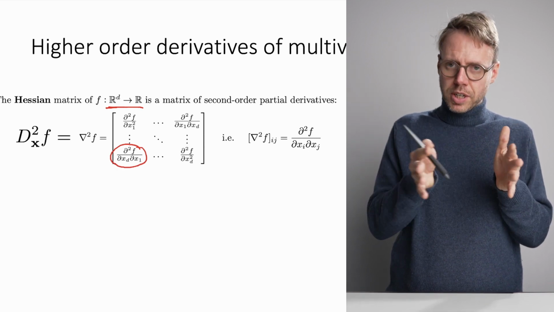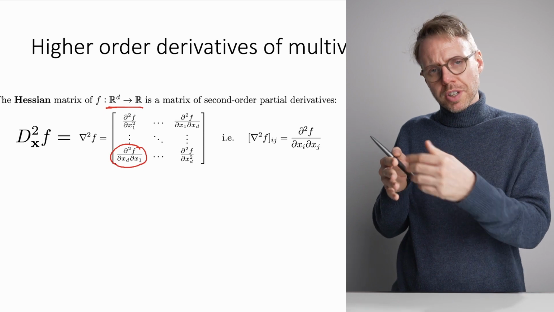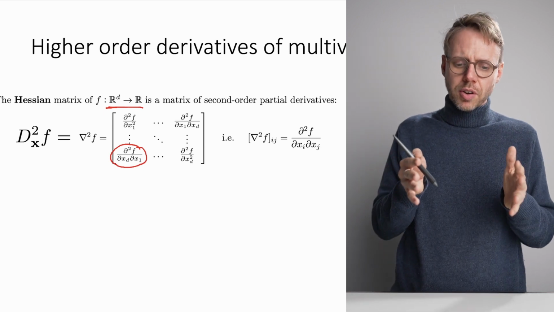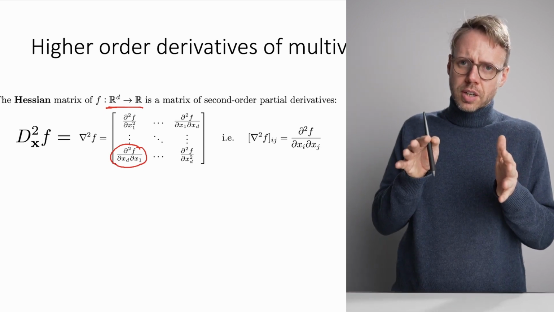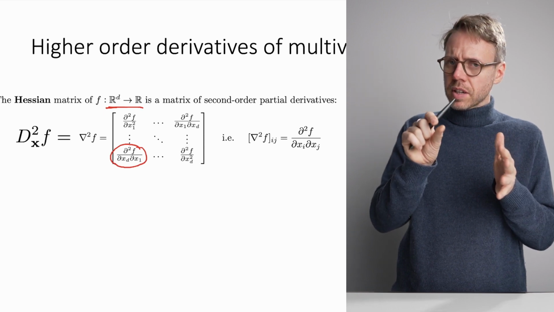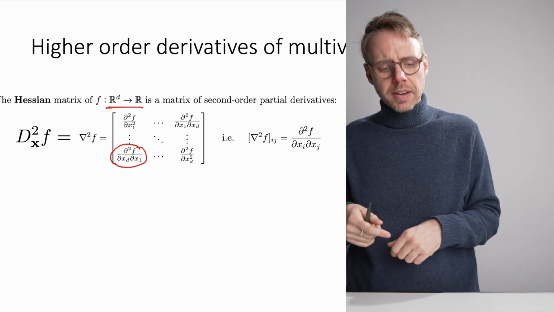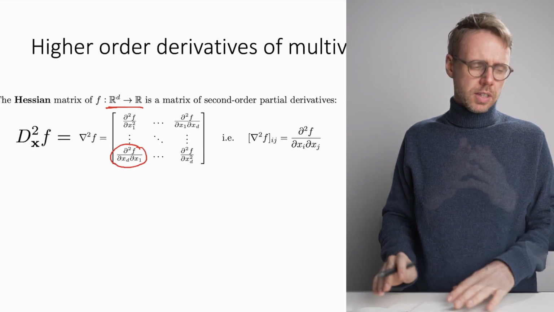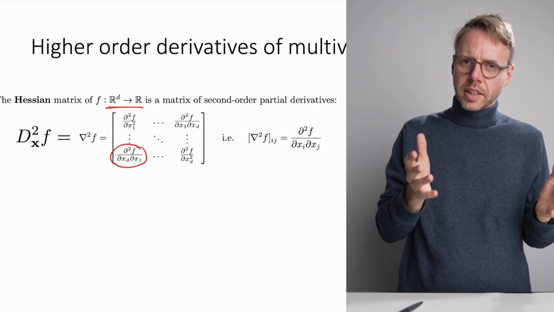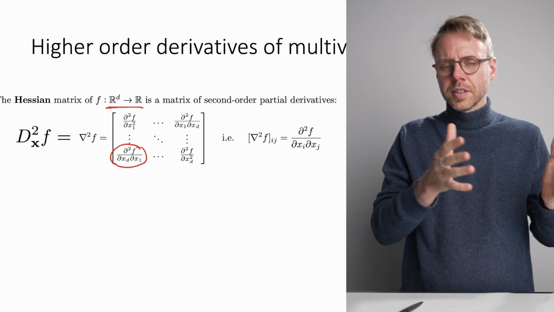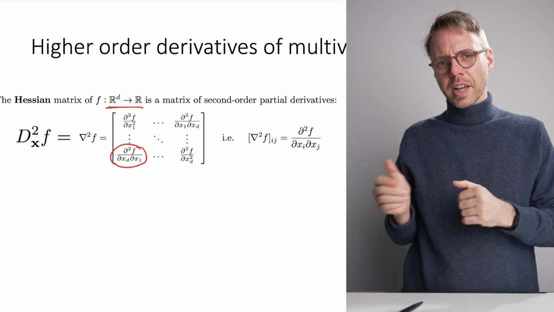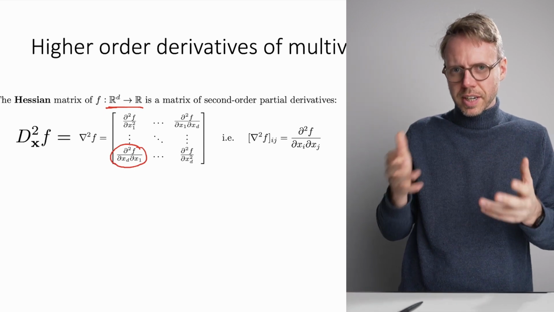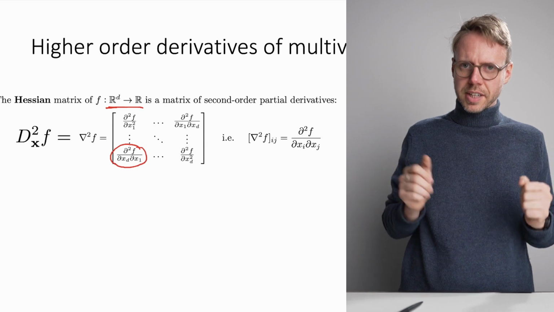The way we computed this function is by computing all the individual partial derivatives and putting them into a vector. Of course, now you can do the same thing with the individual entries of the gradient again in order to get the Hessian matrix. Essentially, you're taking the gradient of the gradient function.